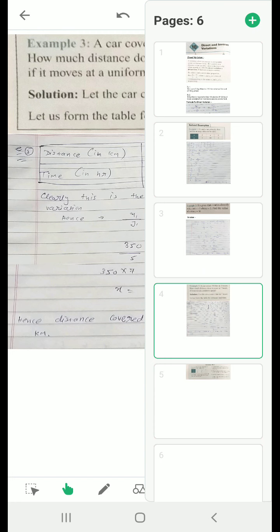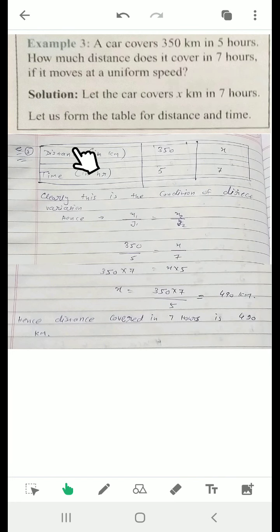Okay. The next example, example number 3. A car covers a distance of 350 km in 5 hours. How much distance does it cover in 7 hours? Now if it travels 7 hours, how much distance will it cover at uniform speed?